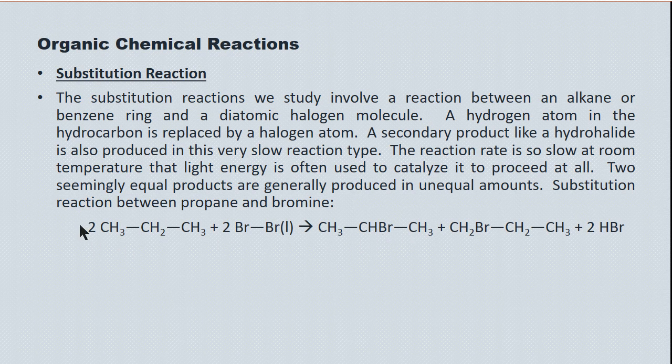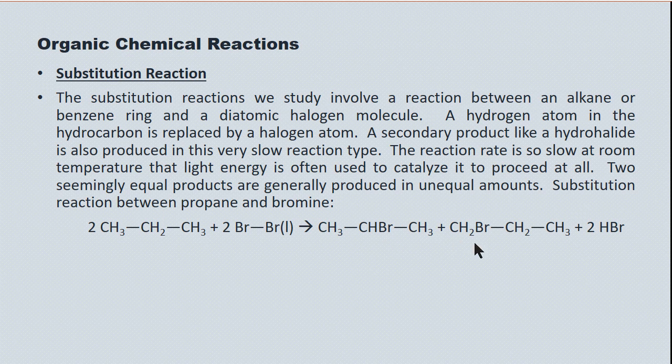However, there's a second propane molecule and a second Br2 molecule. That Br2 molecule substitutes with a hydrogen on the first carbon in the propane, and that gives rise to 1-bromopropane. And of course the hydrogen that comes off bonds with the remaining bromine to give us a second HBr molecule.